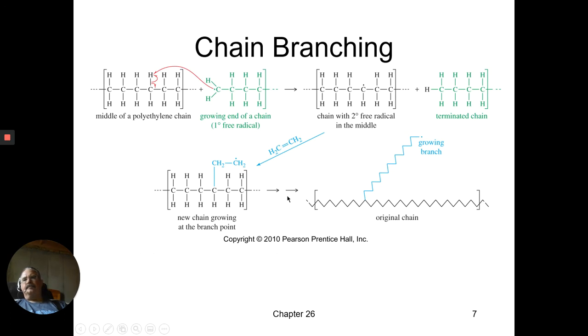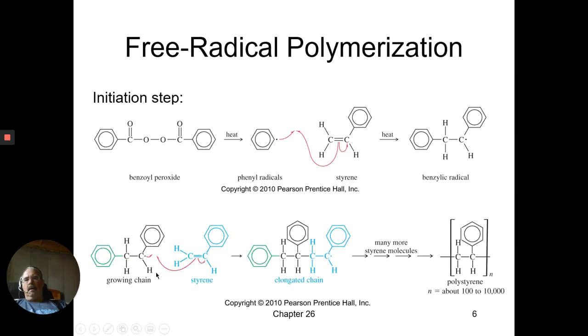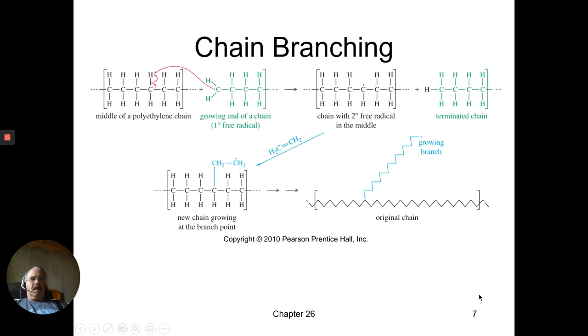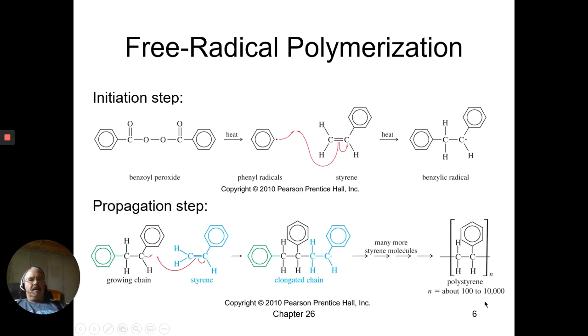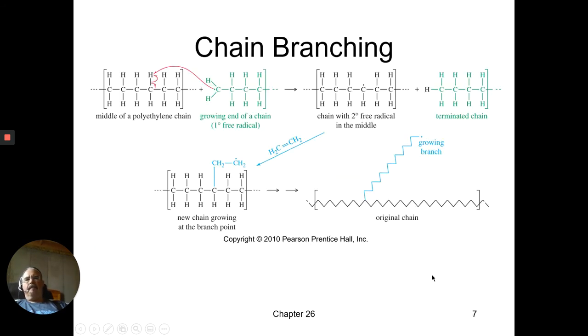The radical then attacks another alkene, propagates another radical, and then it just keeps going until the chain can get anywhere from 100 to 10,000 units long. Okay, to stop the polymerization process, they may add a radical inhibitor, or in some cases, the chains will just join up with each other.